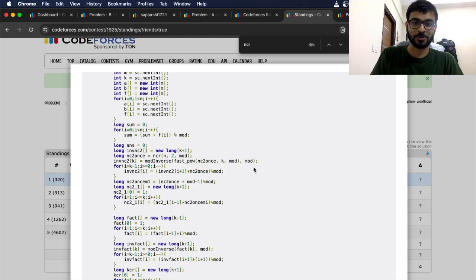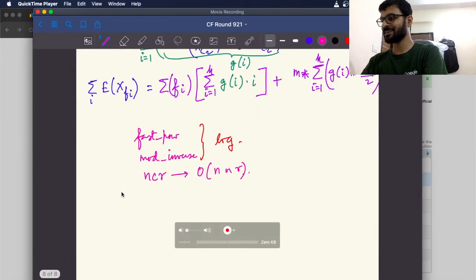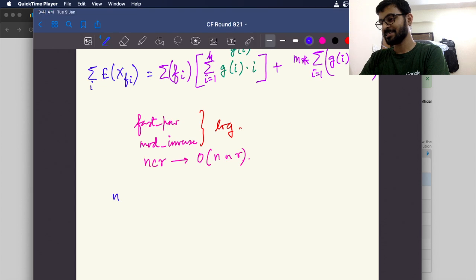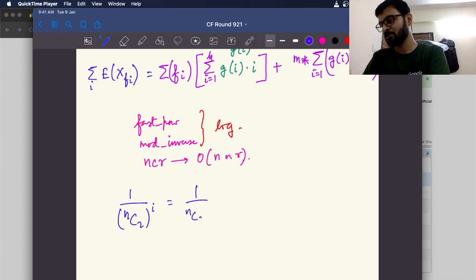So basically, what I have used over here is a tricky thing: the inverse of NC2 to the power i is equal to the inverse of NC2 to the power i plus 1 multiplied by NC2.